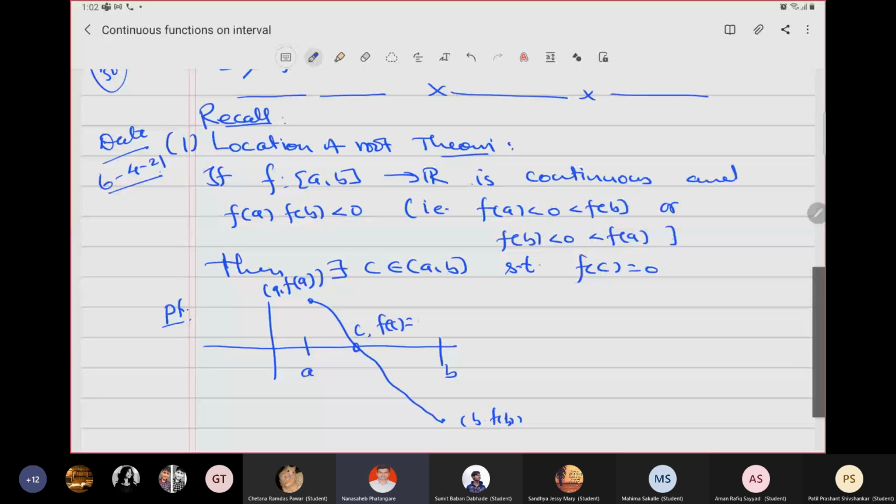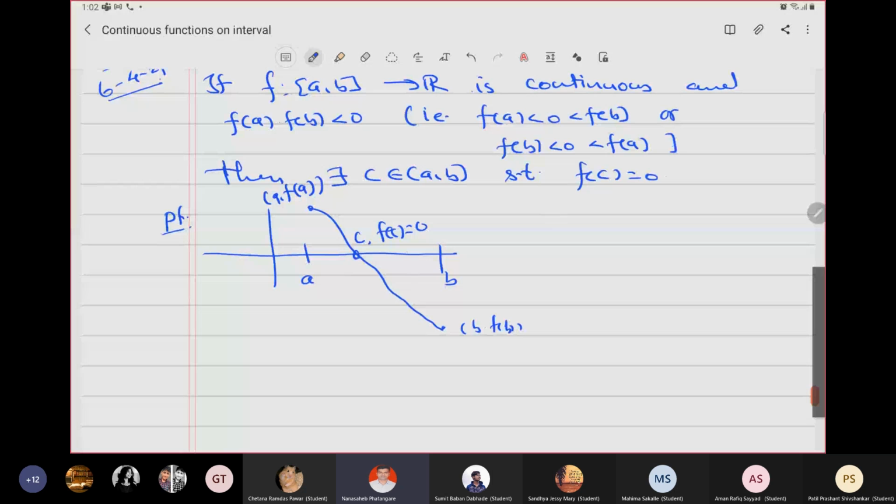The first proof we discussed is the bisection method. What were the steps? First, divide interval AB into two equal parts. The midpoint is P1. If P1 is a root, then we take it as the root. Otherwise, check the value of f of P1, positive or negative.